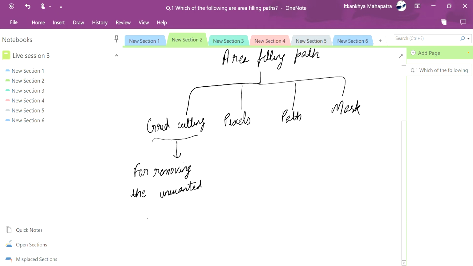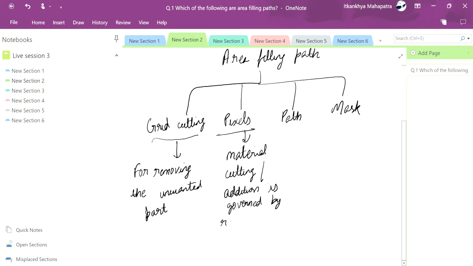We'll be discussing this completely now. Pixels is material cutting or addition, which is governed by the resolution of pixels.